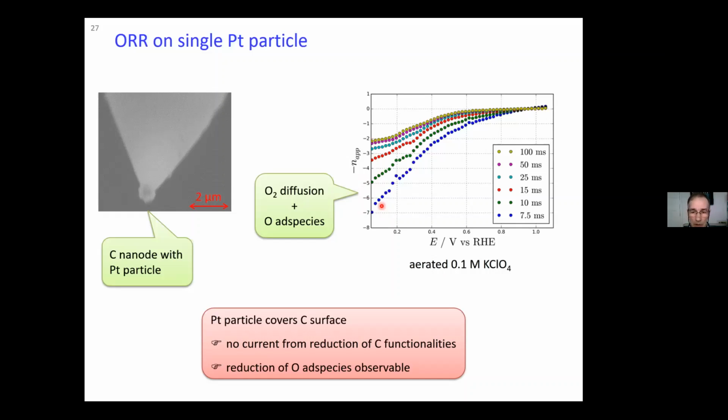But the big difference with the previous sample current voltammograms is that we are able to go to much shorter times without the contribution of the carbon functionalities, because the whole of the carbon electrode is protected with glass except for the very end, and this has now been coated with platinum. So we have probably lost the contribution from the electrochemistry of the carbon functionalities.